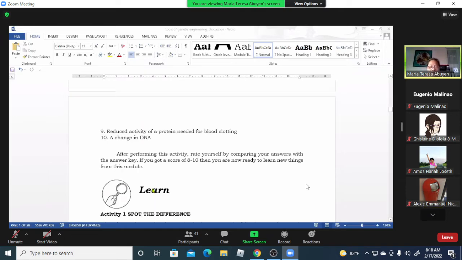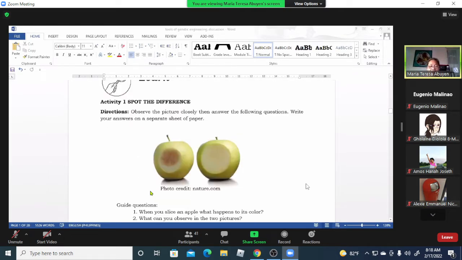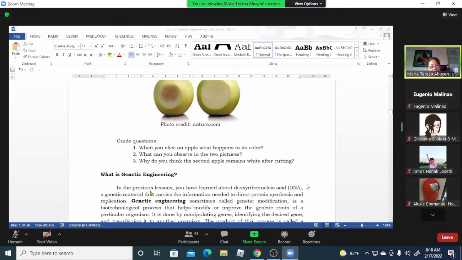Okay, so let's now take the definition of genetic engineering, which is actually objective number 1. What is genetic engineering? In the previous lessons, you have learned about DNA, a genetic material that carries the information needed to direct protein synthesis and replication.